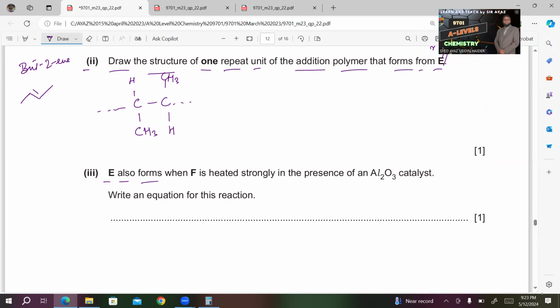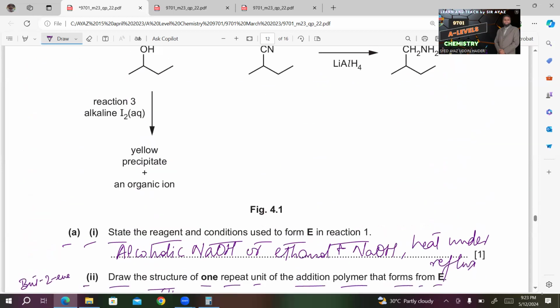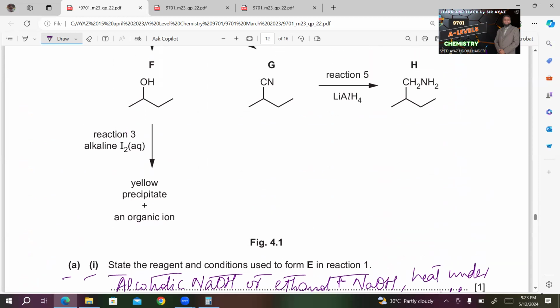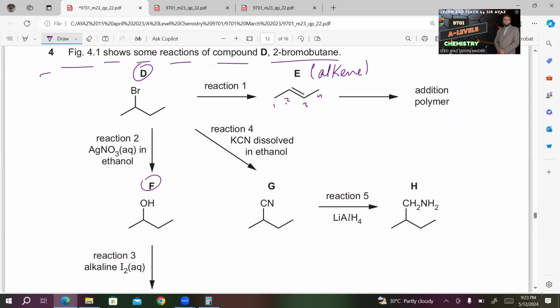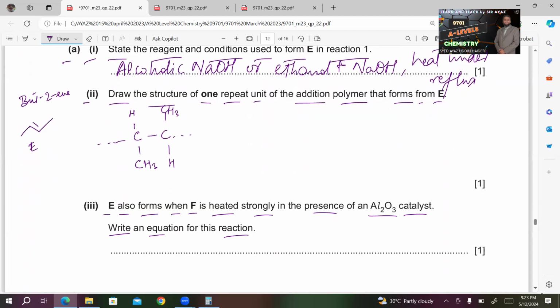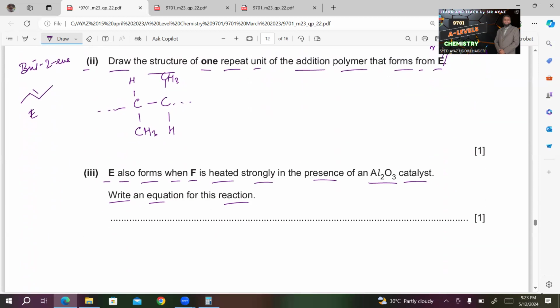Next part. E also forms when F is heated strongly in the presence of an Al2O3 catalyst. Write an equation for this reaction. Here's F. It's butan-2-ol. So I will write the equation for this.